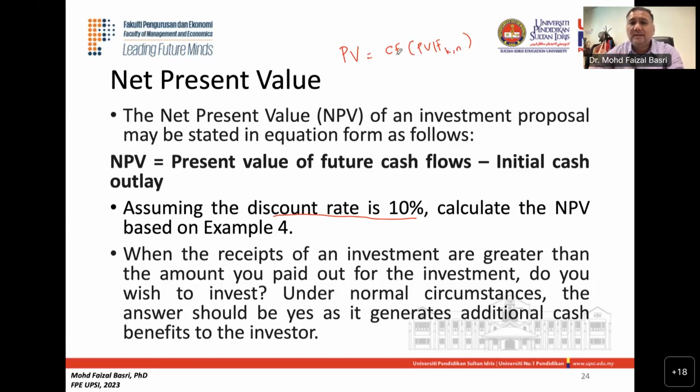So the cash flow is, for example, year number 1's cash flow. K is the discount rate, 10% for example. N, for the first year, is equivalent to 1. Right? So meaning you have to calculate all the present values for 5 years.